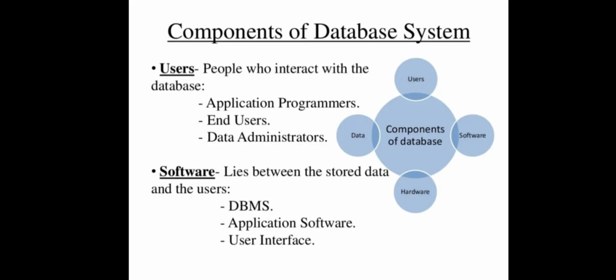Application programmer, end user, data administrator, all are users who interact with the database. Second one is software. It lies between the stored data and the user. Like DBMS, database management system, application software, and further the user interface. These are all software.